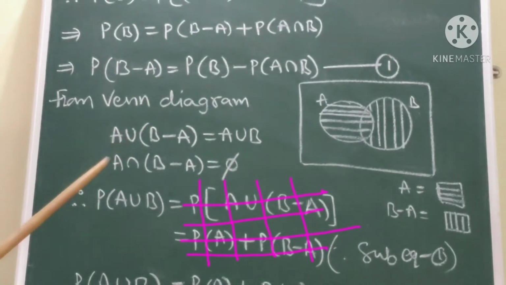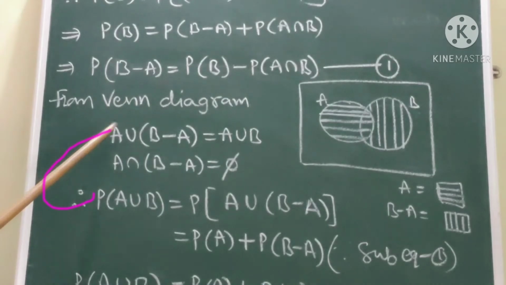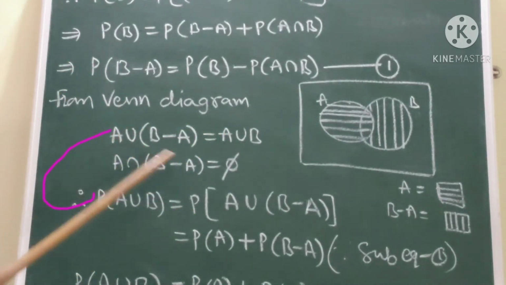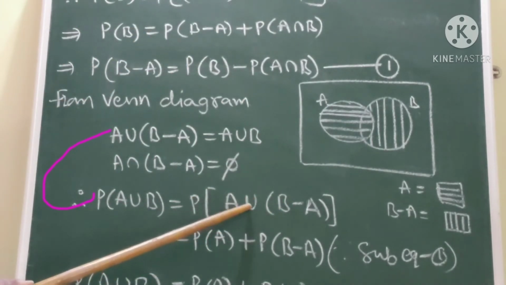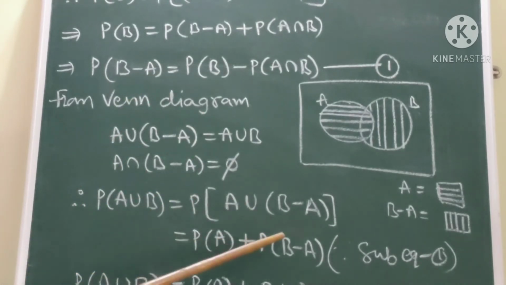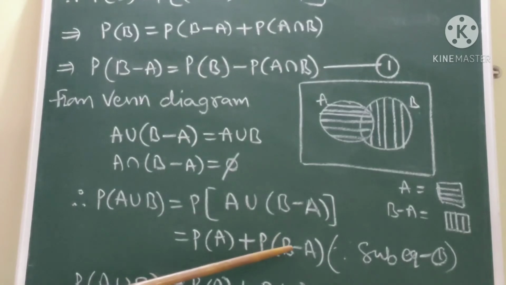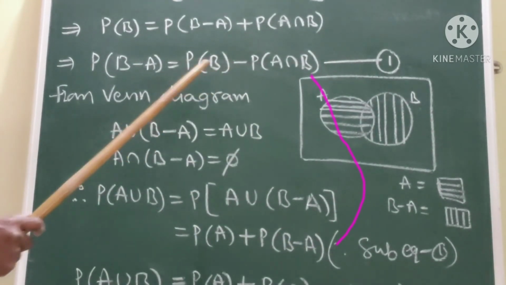Therefore, by applying probability on both sides, we get P of A union B is equal to P of A union B minus A. That is equal to P of A, in place of union we take plus, P of B minus A. Here in place of P of B minus A, substitute from equation 1. What is equation 1?